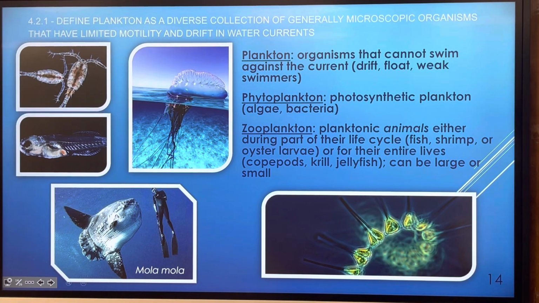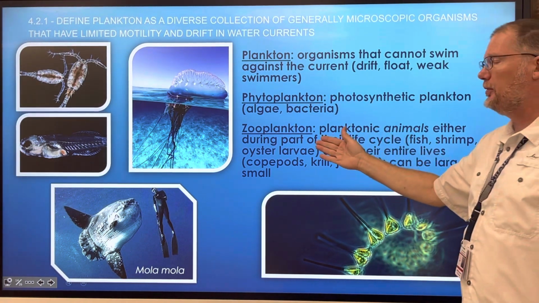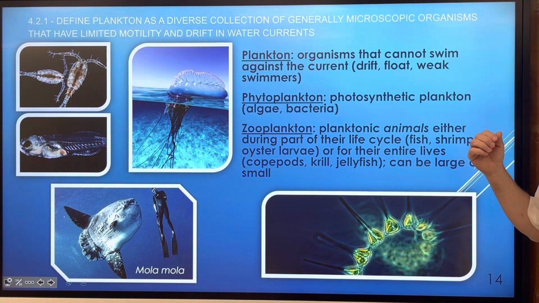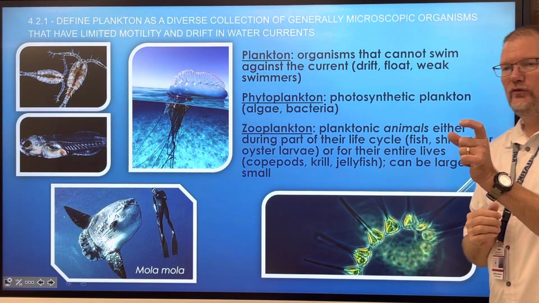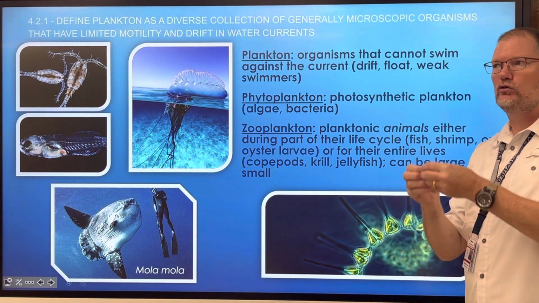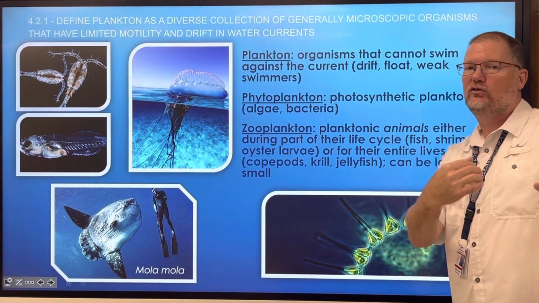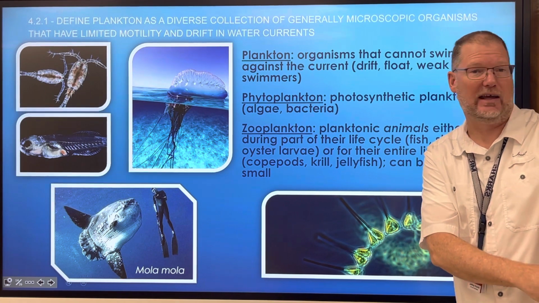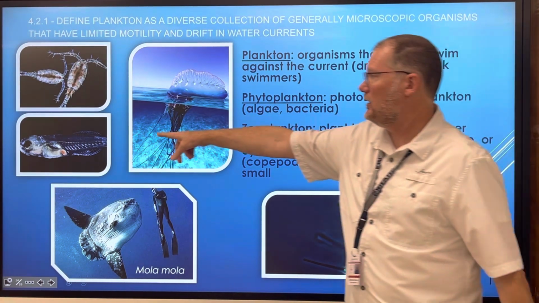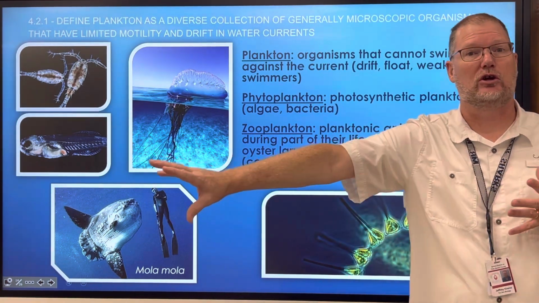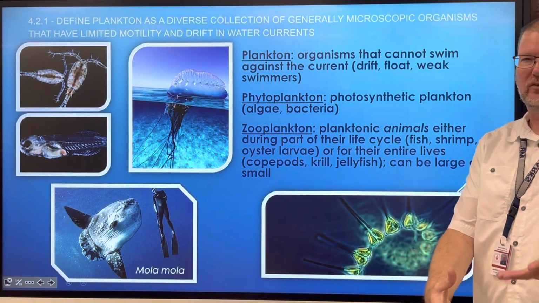Phytoplankton, of course, are the photosynthetic ones, and the zooplankton are the animal-like ones. But even the larval forms, the babies of certain larger organisms, are planktonic in certain stages of their life cycle. Like this baby fish can't swim against the current, goes with the current. At that time of its life, it's planktonic.